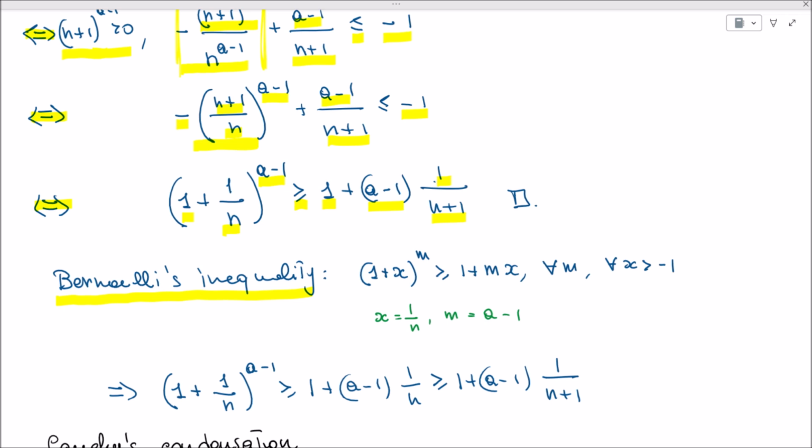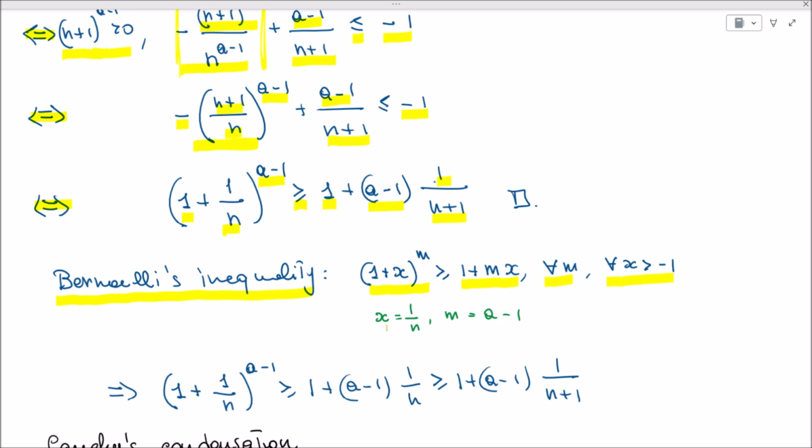Remember, the Bernoulli inequality says that if you have 1 plus x raised to the m, we can say that this left-hand side is larger than or equal to 1 plus mx, where m is a real number, and this is valid for every x larger than minus 1.